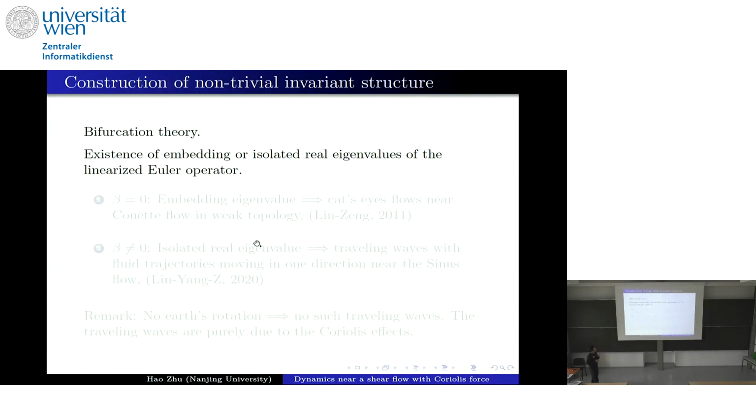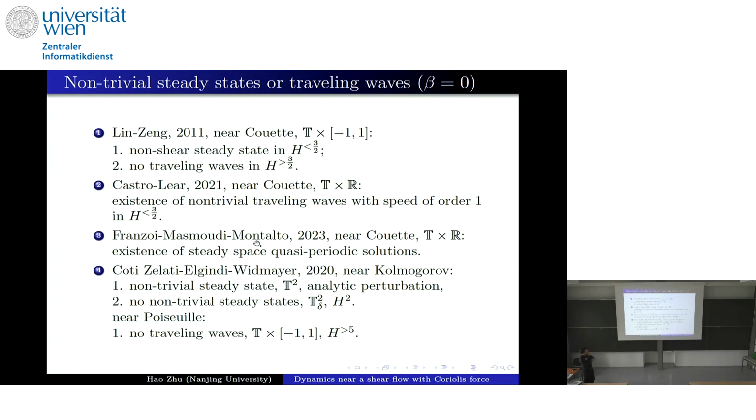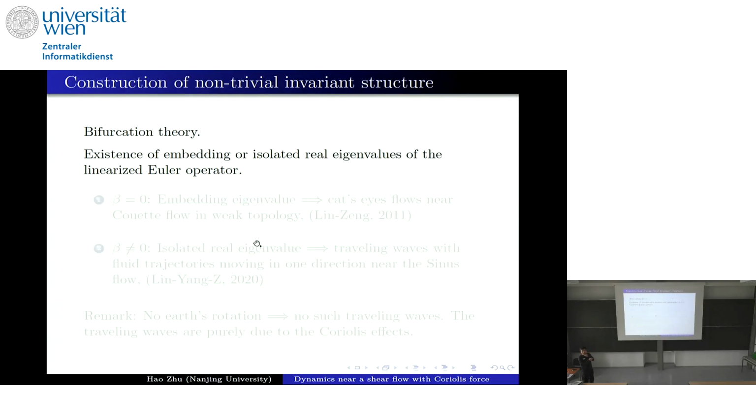So the traveling waves or the steady states are mainly constructed by bifurcation theory, more precisely the Crandall-Rabinowitz bifurcation theory. And in this theory, an important thing is, just as I said, the linearized operator should have some embedded or isolated real eigenvalue.